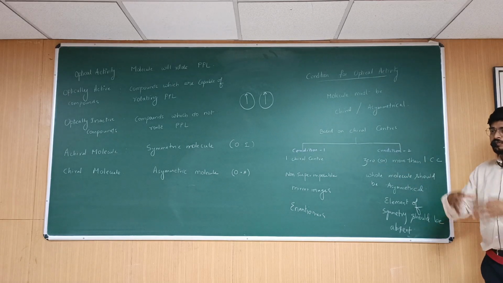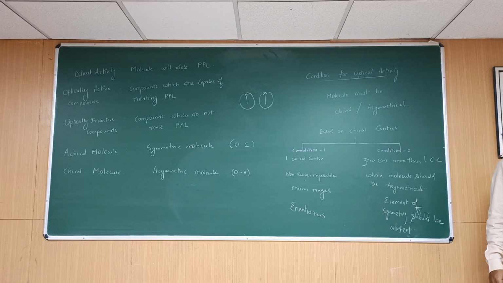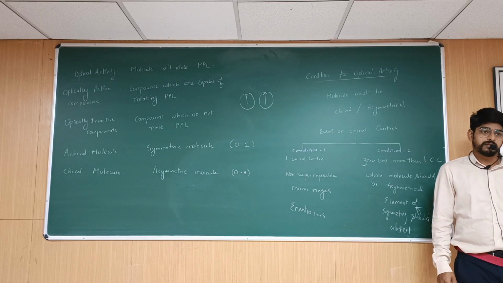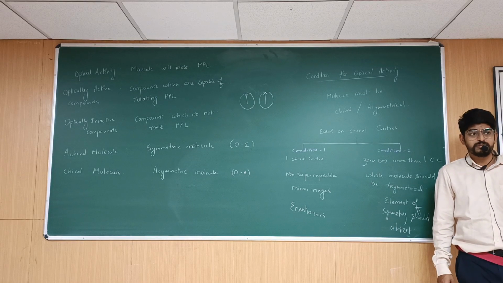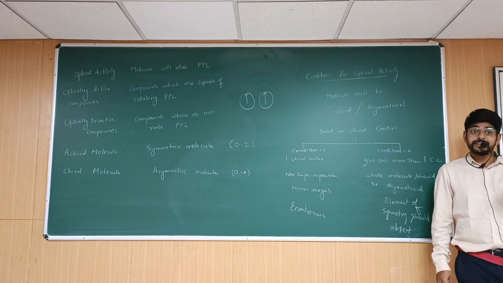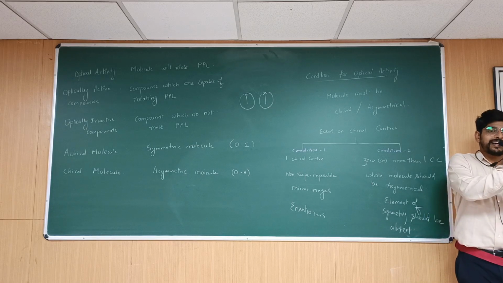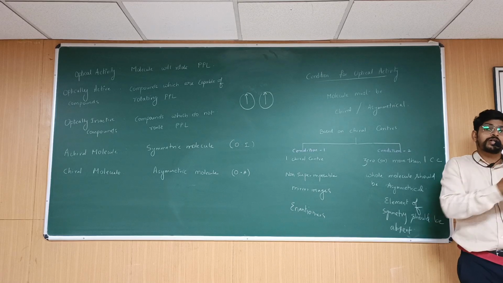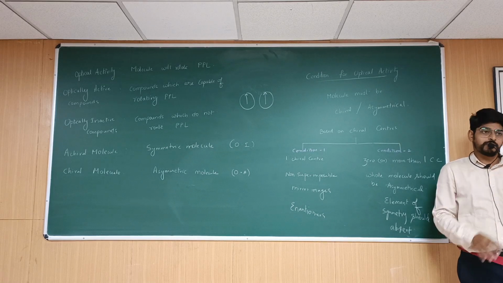So repeating this as a whole, the most important condition is asymmetry of the molecule, that is, chirality of the molecule. Why are we seeing it in two ways? If one chiral center is there, definitely the molecule is also chiral. But if more than one chiral center is there, suppose two chiral centers are there, then there is a chance that I may be able to cut through both the chiral centers and both of them are equal.